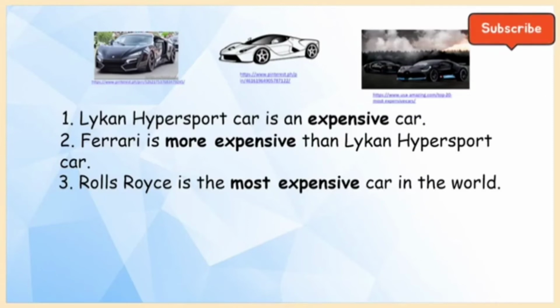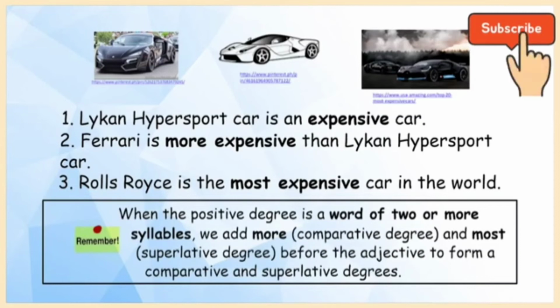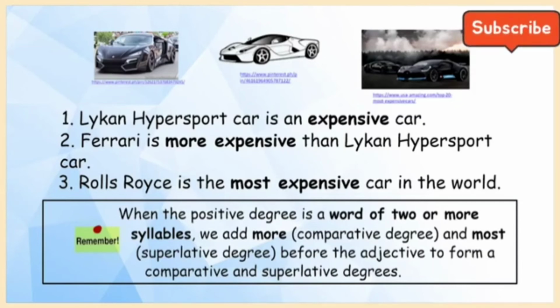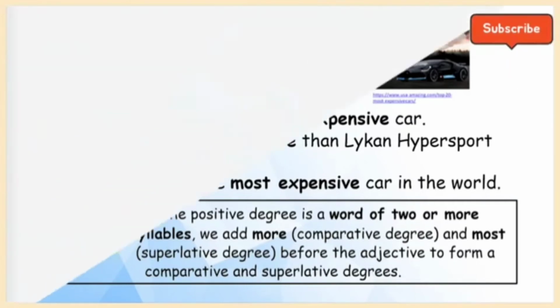In sentence 3, which is superlative degree, what is added to the word before expensive? When the positive degree is a word of 2 or more syllables, we add more for comparative degree and most for superlative degree before the adjective to form the comparative and superlative degrees.